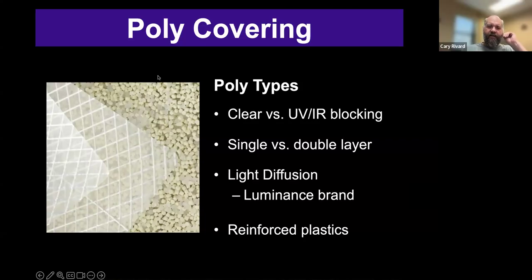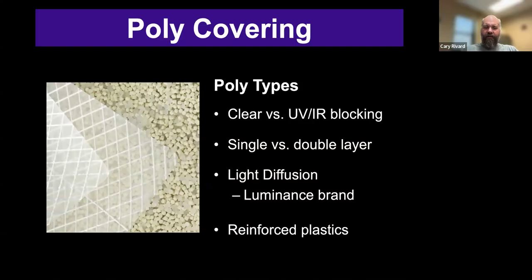Now, one of the things that I've started to see more and more of, especially here in Kansas, is the use of these reinforced plastics. So regular greenhouse poly is 6 mil. This is like 10 to 12 to 15 mil. It's very thick. And you can see it has this string reinforcement, sort of like rebar in concrete, that holds it together so that if it does tear, the tear doesn't go very far, right?